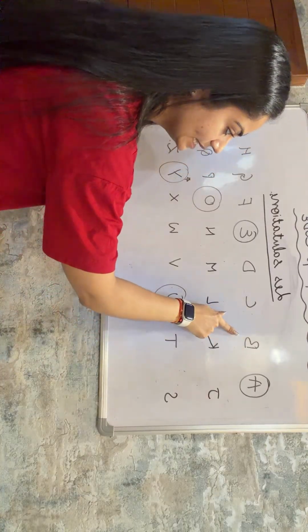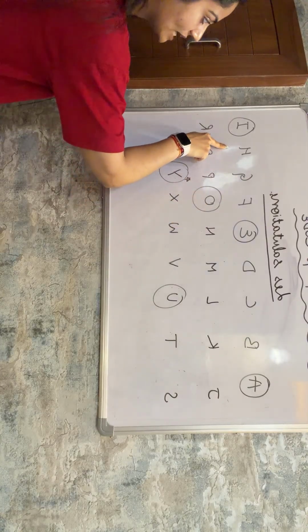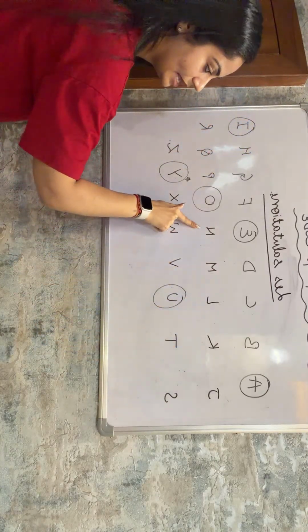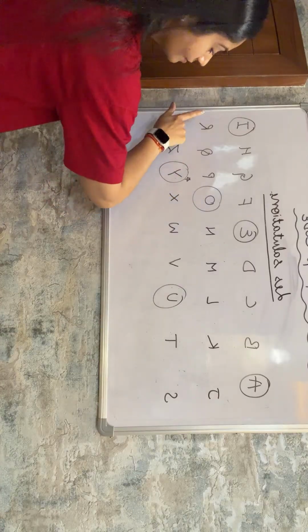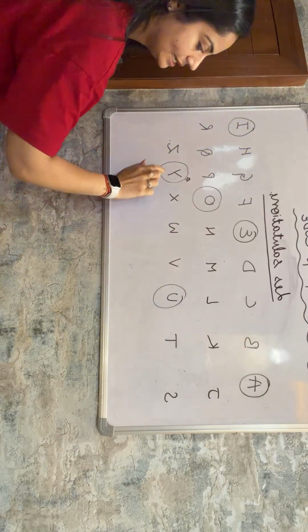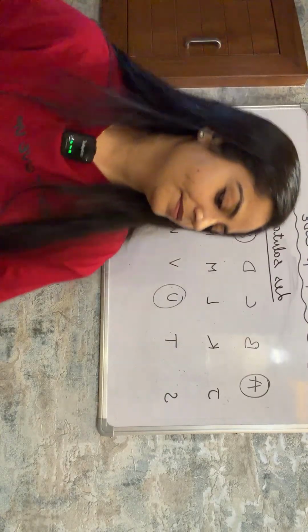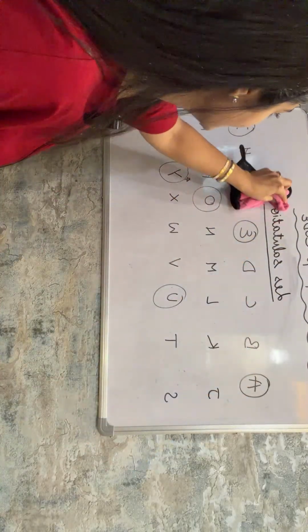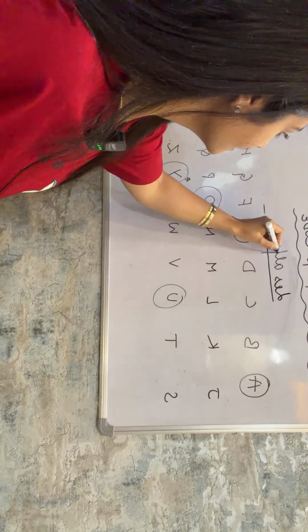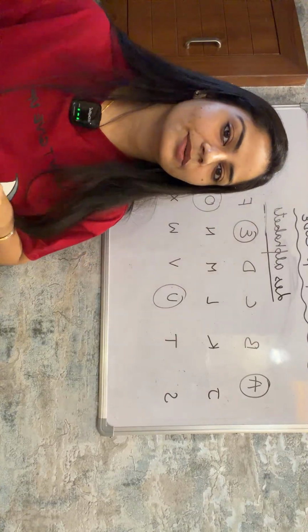A, B, C, D, E, F, G, H, I, J, K, L, M, N, O, P, Q, R, S, T, U, V, W, X, Y, Z. So these were les alphabets. Les alphabets en français. Oui?